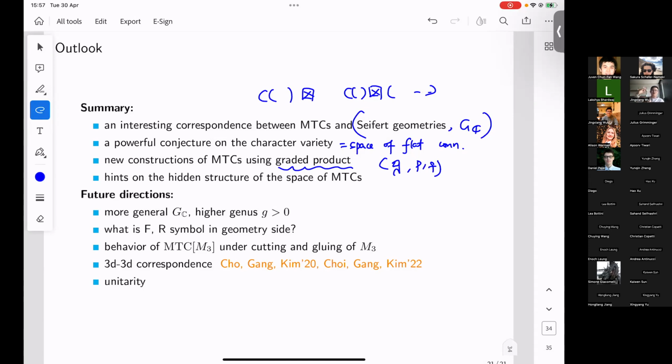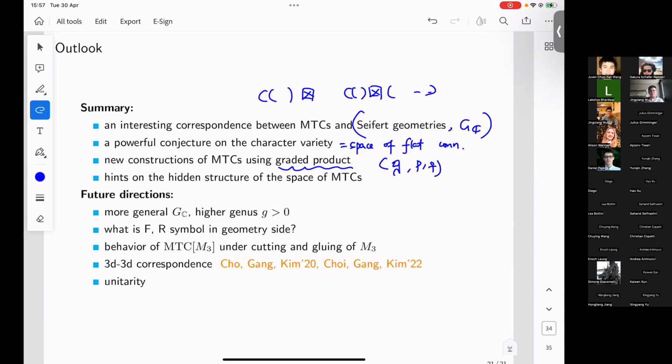Instead of just trying to scale up your algorithm, using a supercomputer to classify MTCs by solving the F and R equations, maybe we need to look for what are the structures inside the space of MTCs we can utilize.